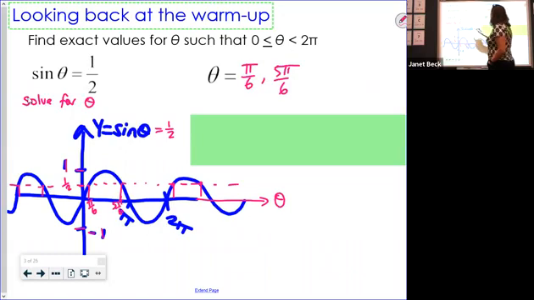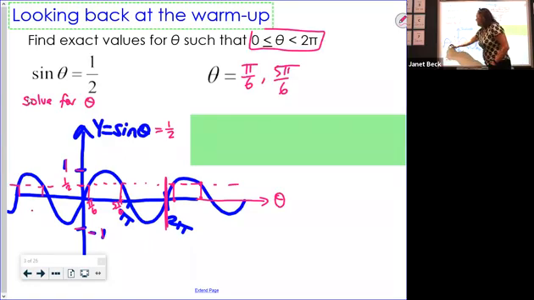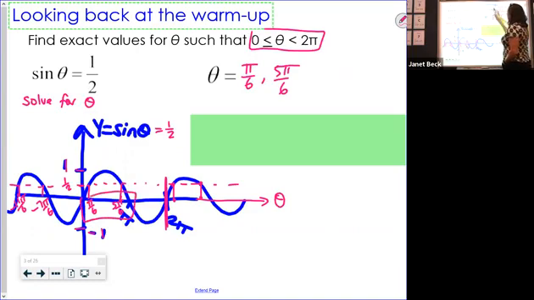And we only went up to 2 pi, so we stopped there. We didn't choose this answer or this answer, and we didn't go backwards. This would have been -7 pi by 6, and this would have been -11 pi by 6. We only chose those two answers because we were given this restricted range.